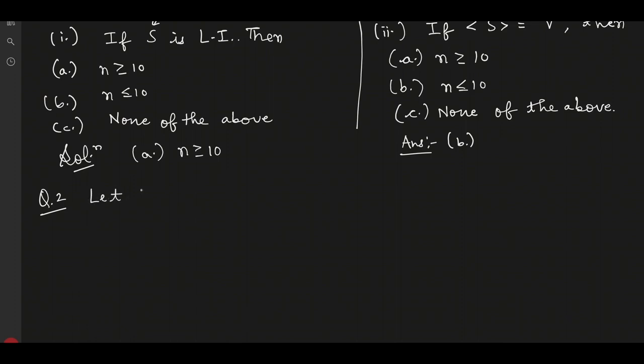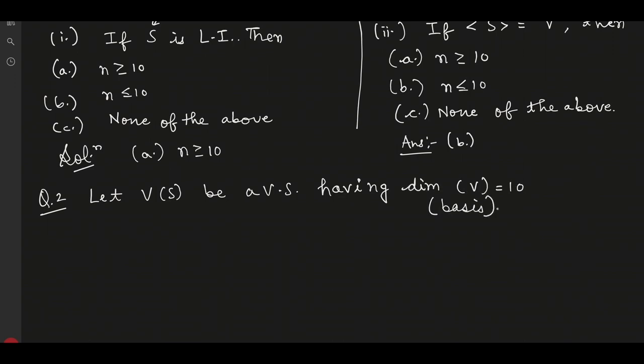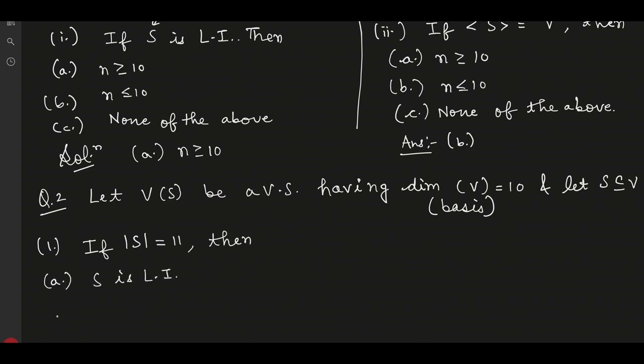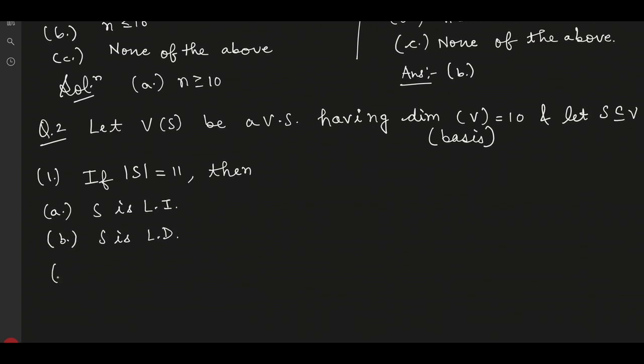Okay. Let V be a vector space having dimension 10, and let S be contained in V. If the cardinality of S is 11, then part A: S is LI, S is LD, can't say.